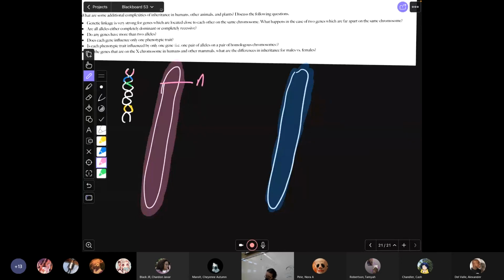When you're getting this gene, this allele could be big A, and the same allele on the homolog. Remember that these are homologs. I keep using the word because you're going to see it: they have the same genes, but they might have different alleles. They could have the same if they're homozygous, but they could be heterozygous.